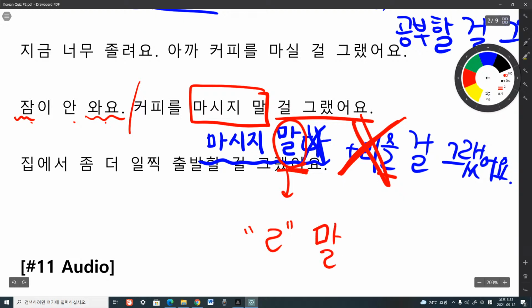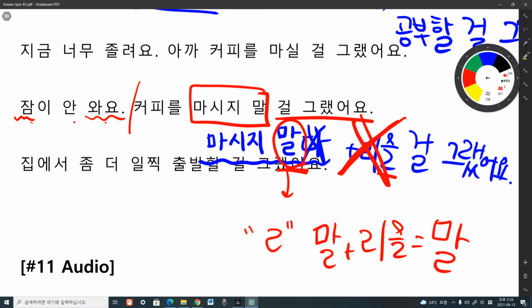So basically 말다 plus 을 suffix is just 말, not 말을, because it's an irregular verb. 그래서 마시지 말 걸 그랬어요. I shouldn't have drunk. Yes, you guys are giving me a correct translation. 커피를 마시지 말 걸 그랬어요. I shouldn't have drunk coffee.